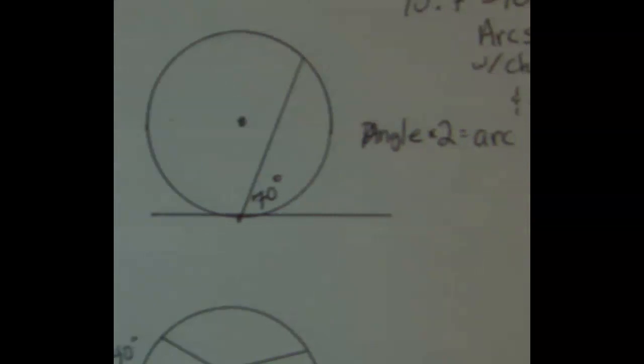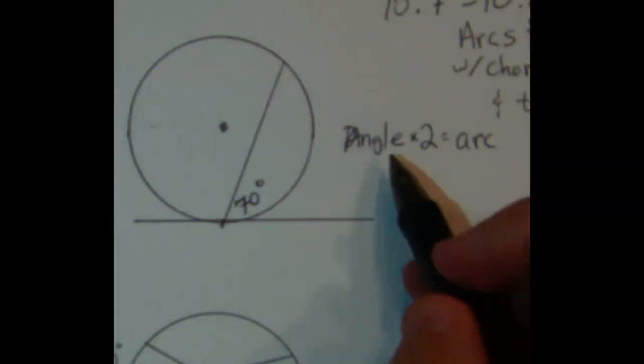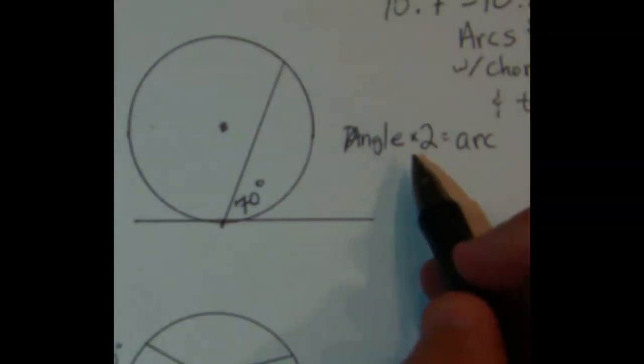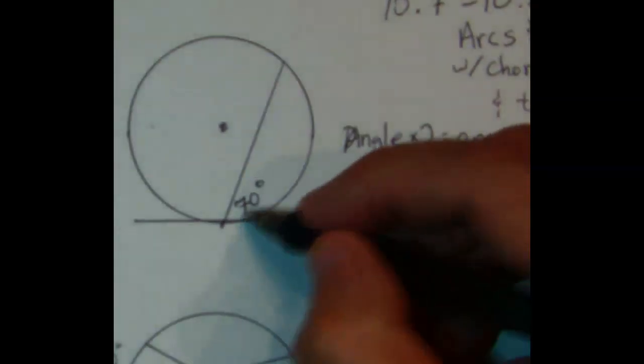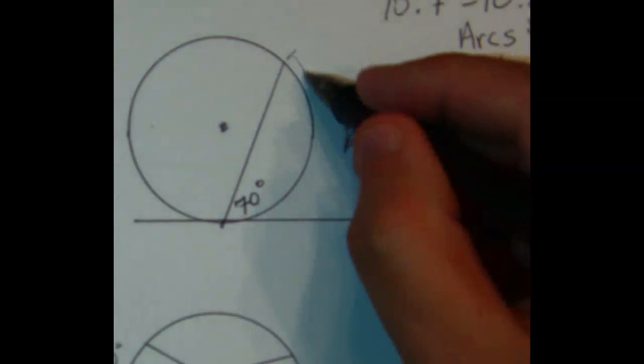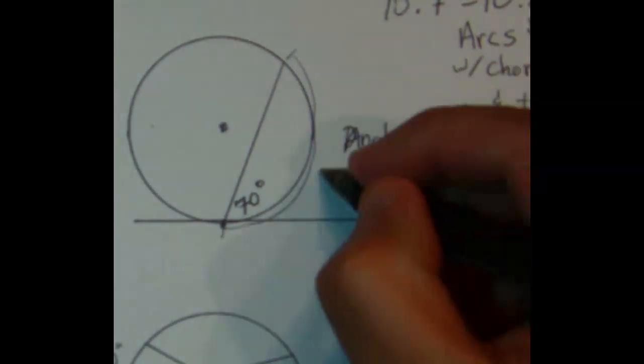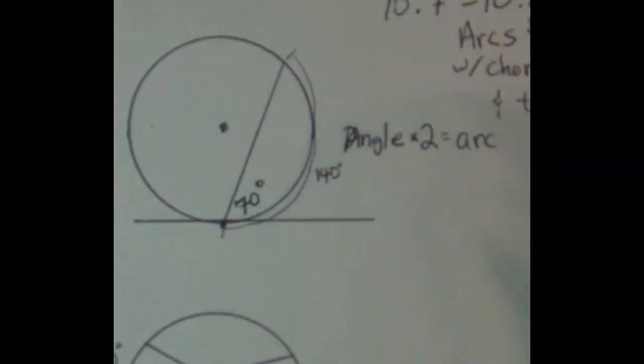So the arc is equal to the angle times 2. So if this is 70 degrees, then this arc from here to here would be 140 degrees.